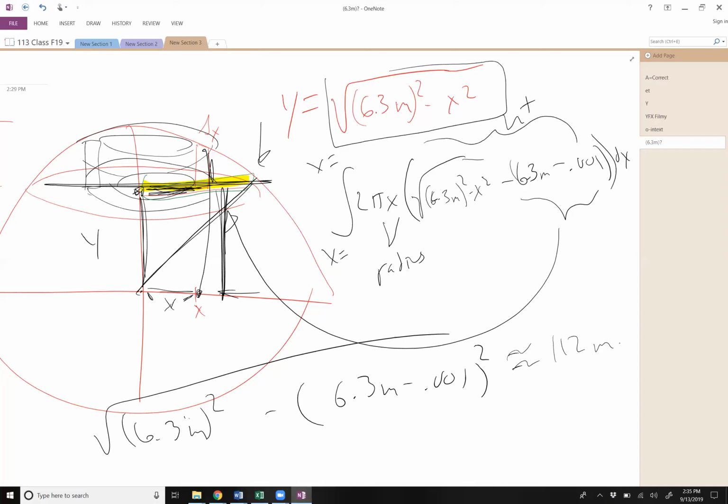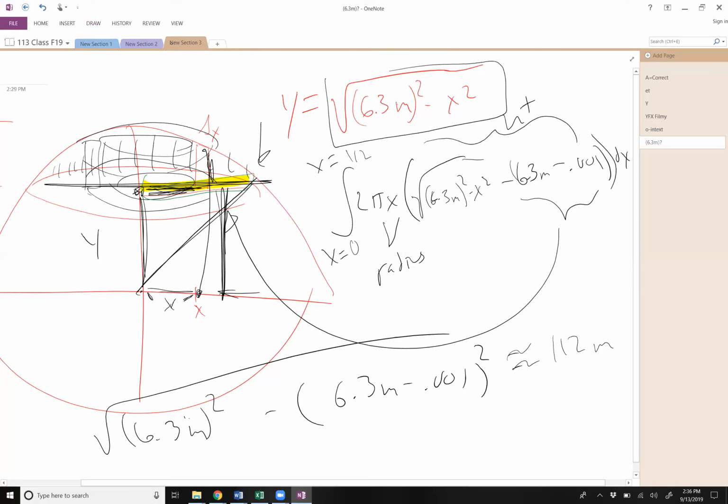So our upper bound is going to be x equals 112, and the lower bound x equals 0. Now, why not x equals negative 112 to x equals 112? I have volume for all of that, right? Why don't I go from x equals negative 112 to x equals 112? Nice.